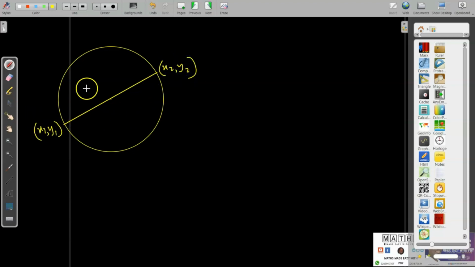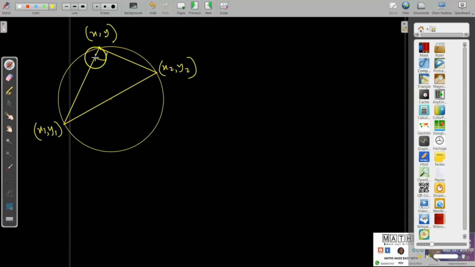Now we can find another point on the circumference of the circle and call it x, y. Then we connect the endpoints of the diameter to the given point. Automatically, this gives you an angle of 90 degrees.